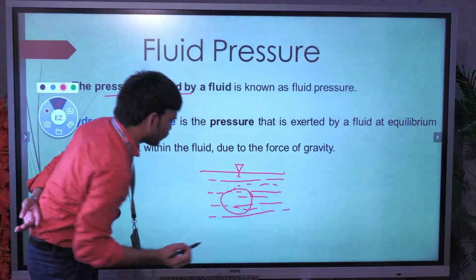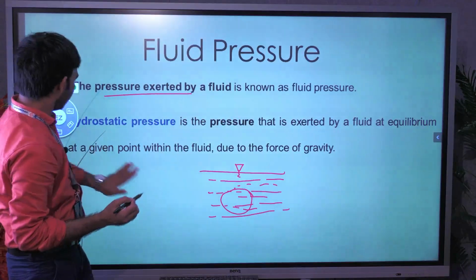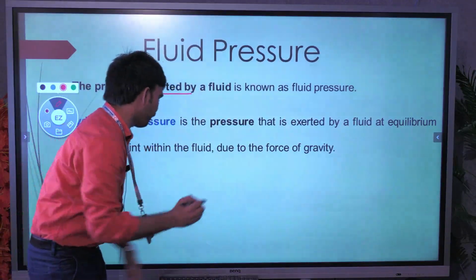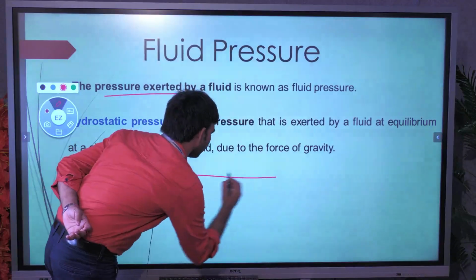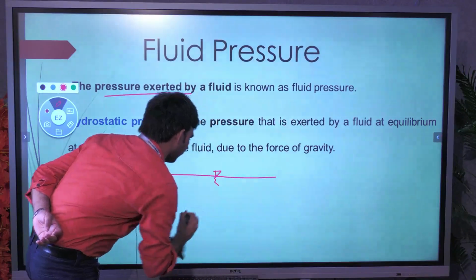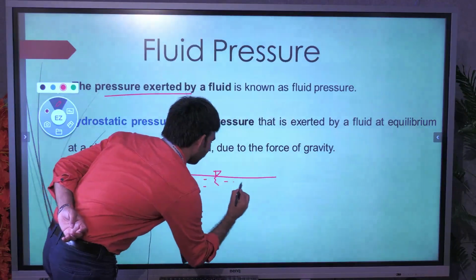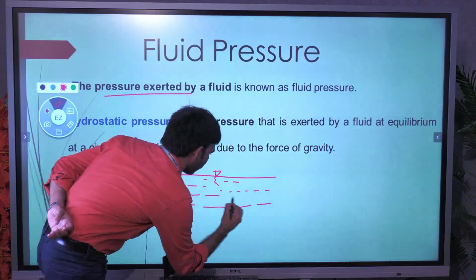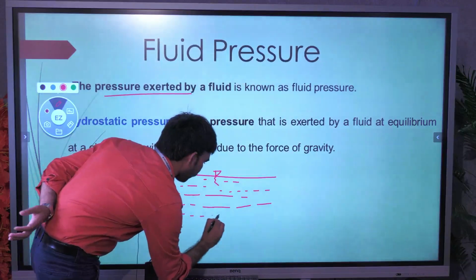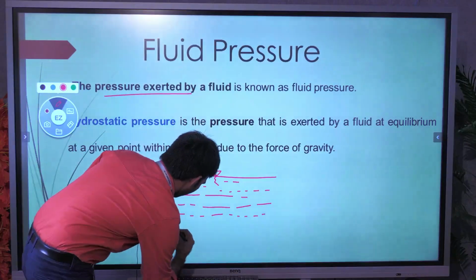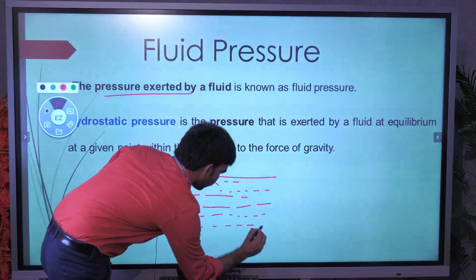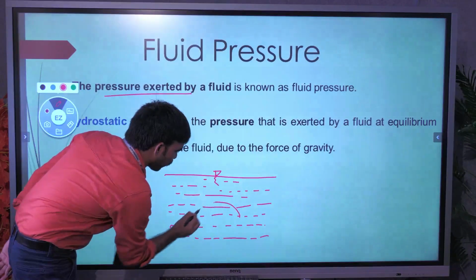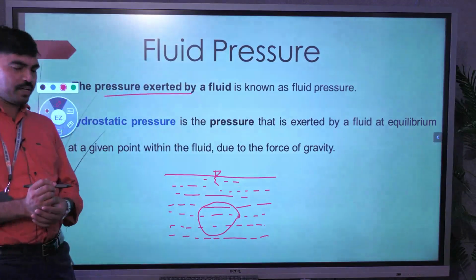So if you carefully observe here, I think I'll write in a better way. This is the free surface of the fluid. The fluid is flowing. There is a solid body present in the fluid.